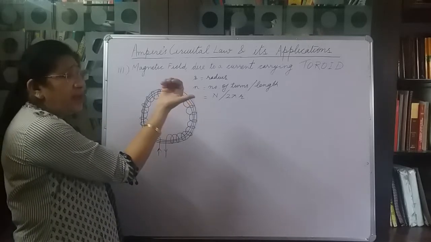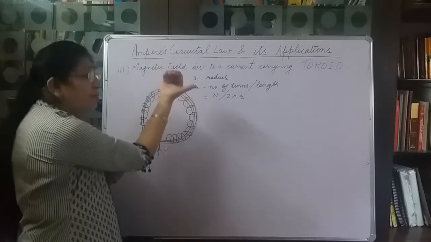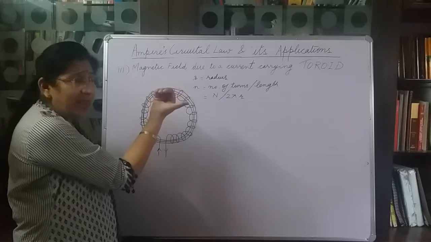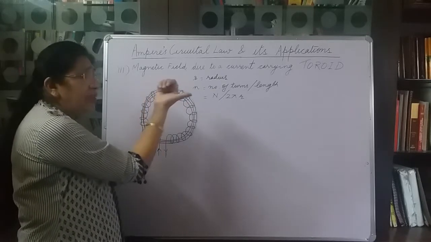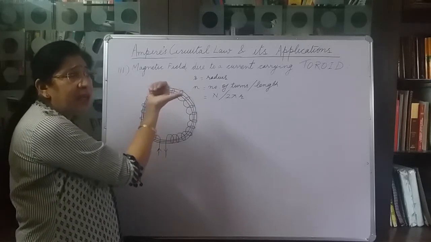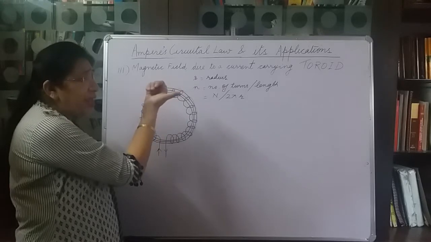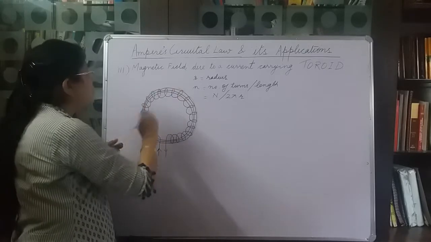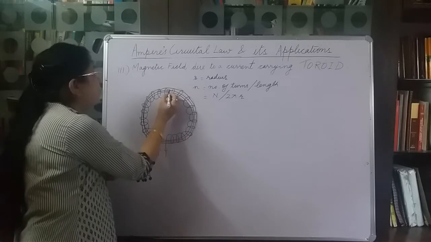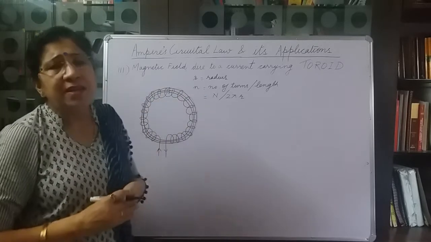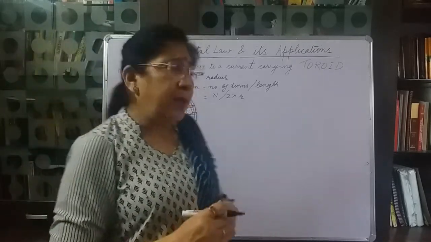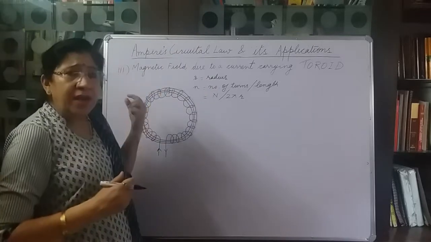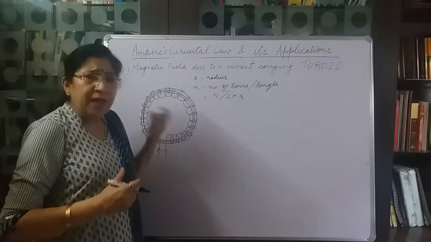The curled fingers are pointing in the clockwise direction, so the direction of the magnetic field lines is given by the thumb. So the direction of the magnetic lines of force is along this direction. This is the qualitative treatment of the magnetic field.